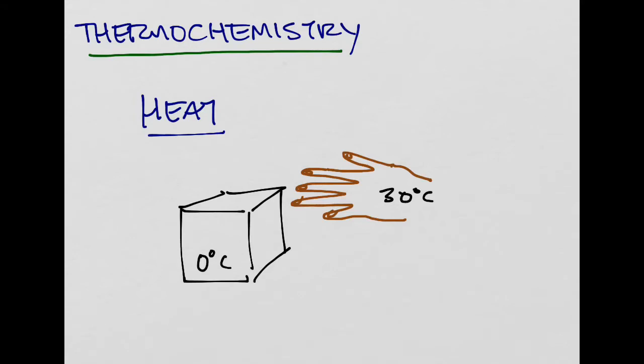When this hand comes up and touches that block of ice, the heat energy is going to move from the warmer thing to the cooler thing, so from the hand to the block of ice.